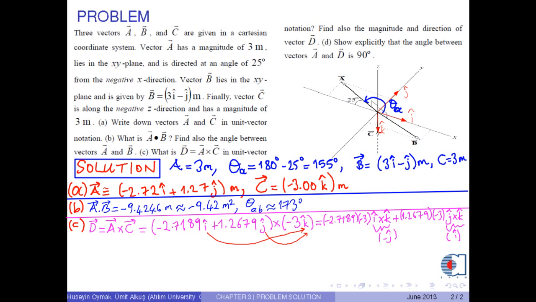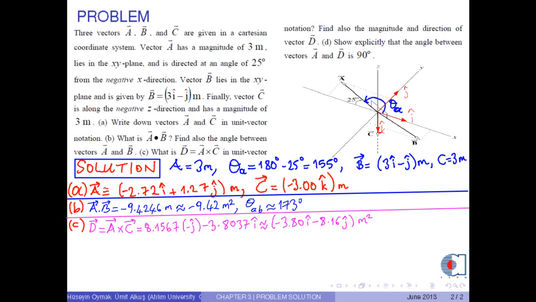Remember that i hat cross k hat is equal to minus j hat, and j hat cross k hat is equal to i hat. Therefore, we write the middle result in 5 significant figures as. Then the final result is approximately minus 3.80 i hat minus 8.16 j hat in meters squared.